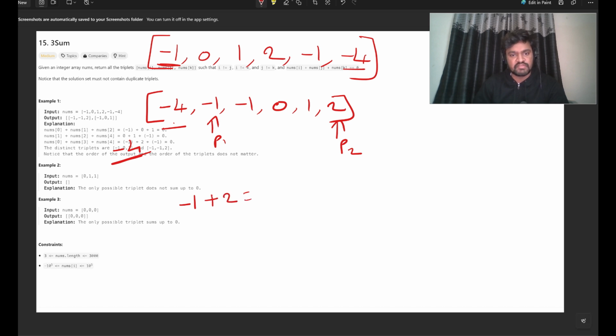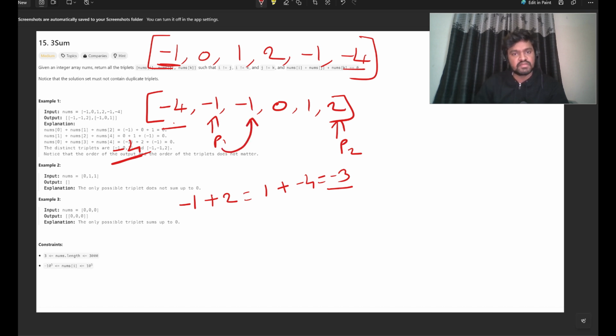When you sum this, 2 plus minus 4, it is minus 3. So it is a smaller number. When it is a smaller number, we need to get the bigger number to neutralize this sequence, correct? So I'm moving this pointer to here.